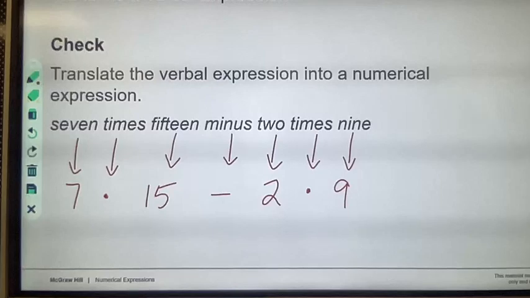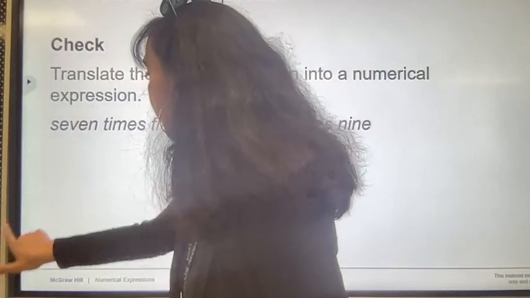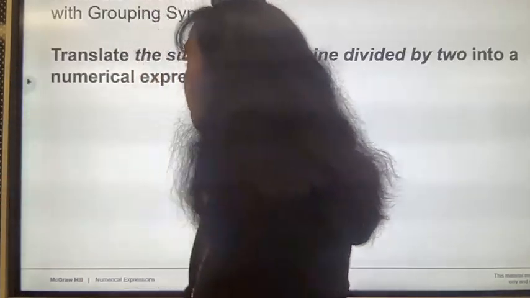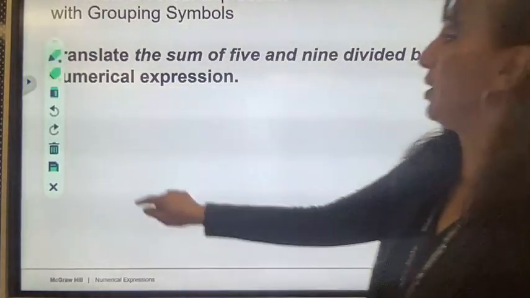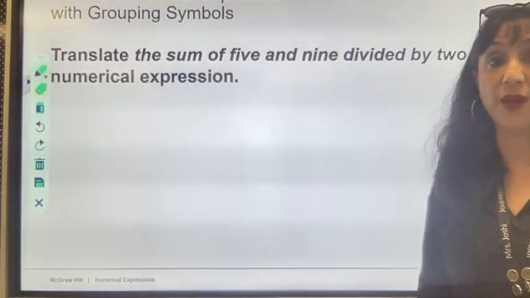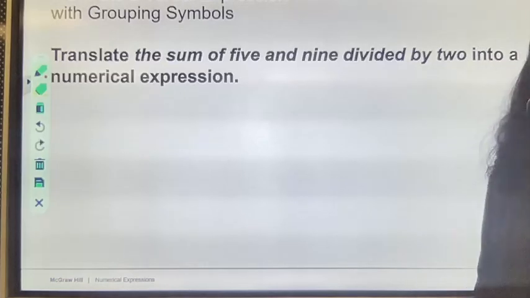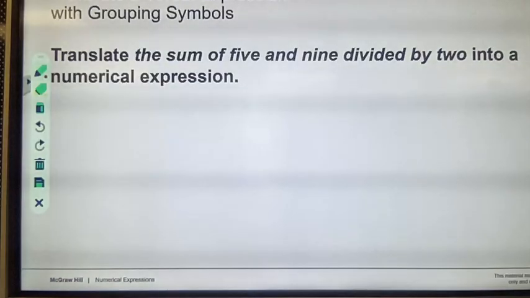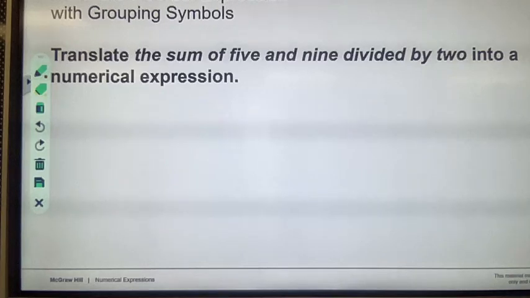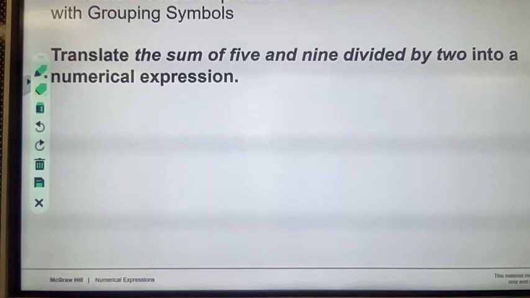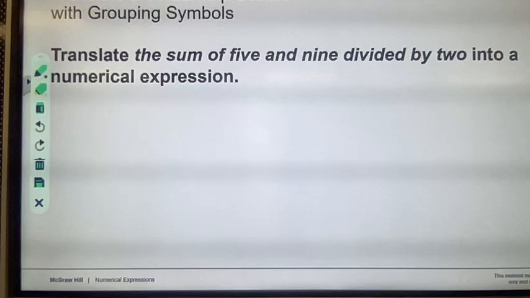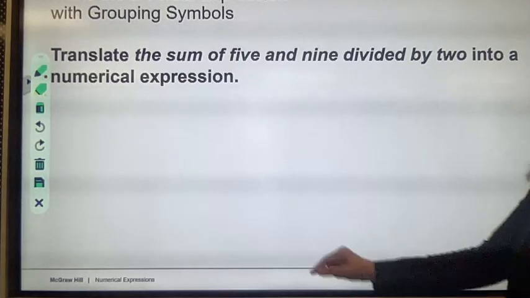So let's talk about an example. And here we go. So look at what it's saying. It is saying translate a verbal expression with grouping symbols. So translate the sum of 5 and 9 divided by 2 into a numerical expression. So let's translate this and see what this means. It's saying the sum of 5 and 9.